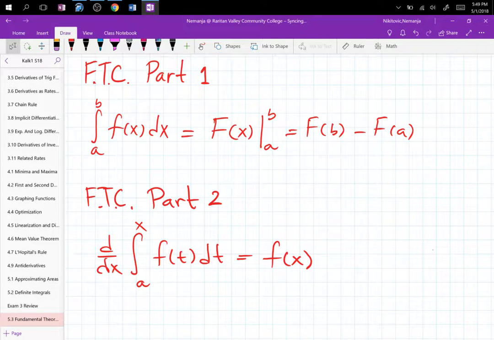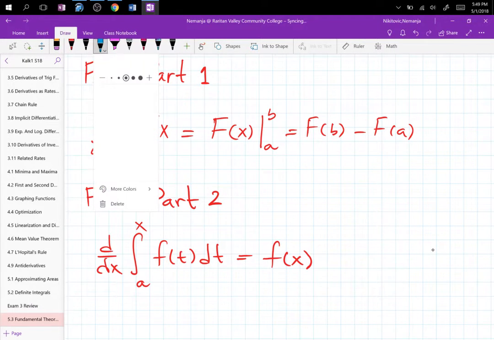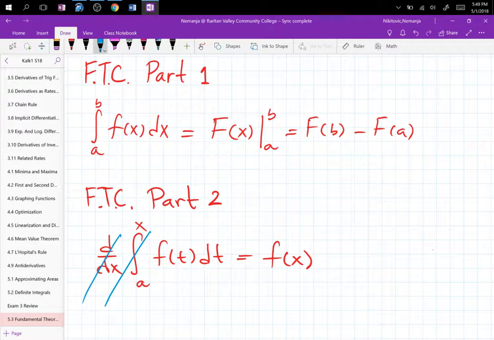Very good. It very simply says that the derivative will cancel the integral, and then you just have your function as the answer. So that's technically what it says.